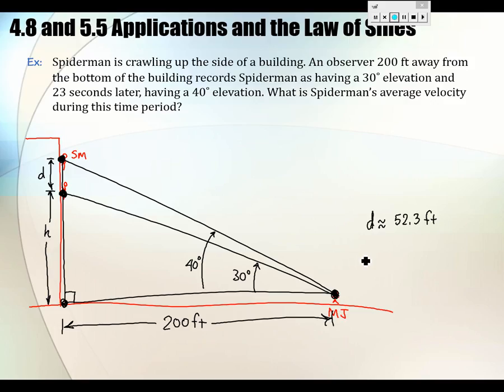We're supposed to find the speed or the velocity. So in 23 seconds, we get some answer in feet per second then. 2.28 says. You agree? Okay, so that's our final answer.